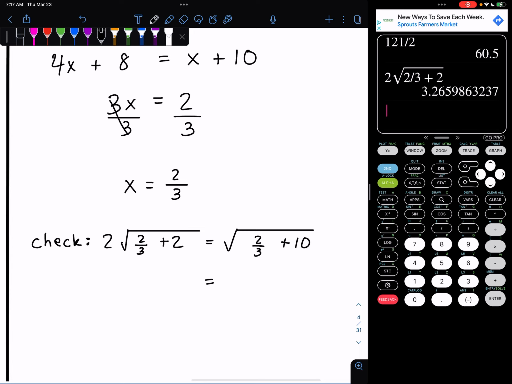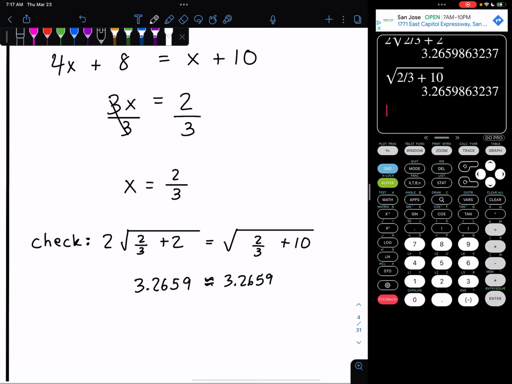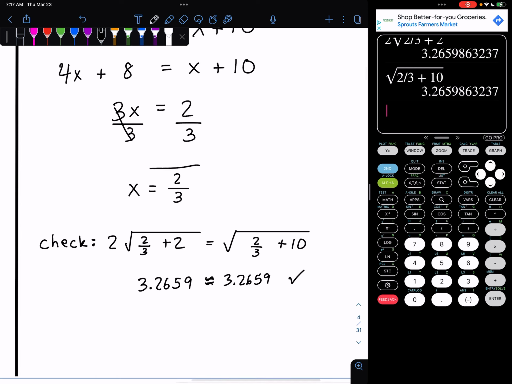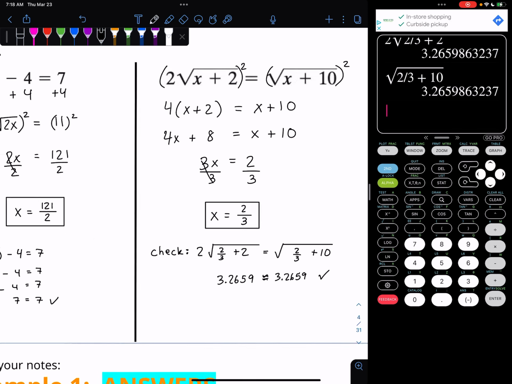Oh, that's going to be a fun one. 3.2659. And let's see, square root of 2/3 plus 10. 3.2659. It is the same, so it does work out. That is mathematically correct. Check. That one's also done.